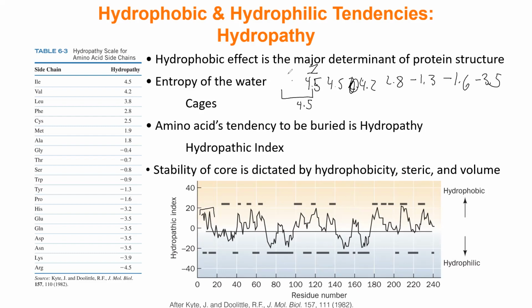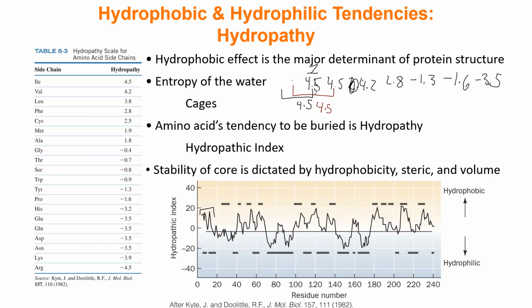Then I move, let me do different colors here. Then I move 1 amino acid over, and I get the averages of these numbers. So no number here, then we have 2 numbers that are both 4.5. So the average of this window is 4.5. Then I move one amino acid over.